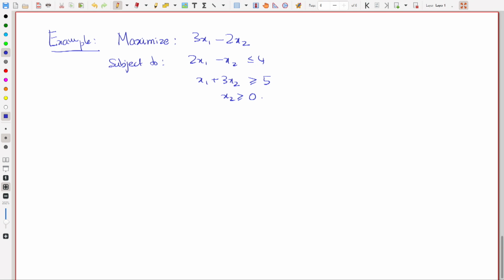Okay, this is the same problem, right? Okay, good. So we write it in equational form.